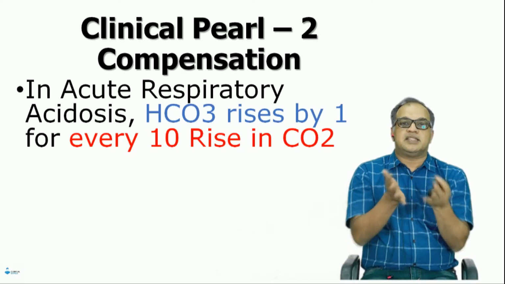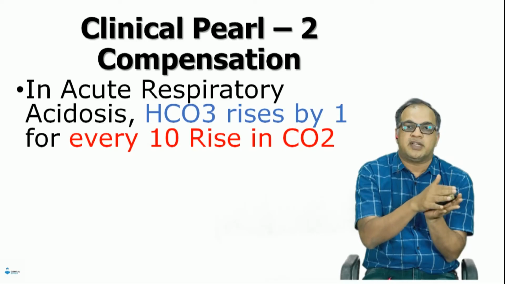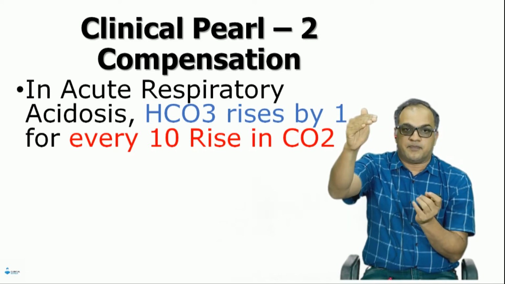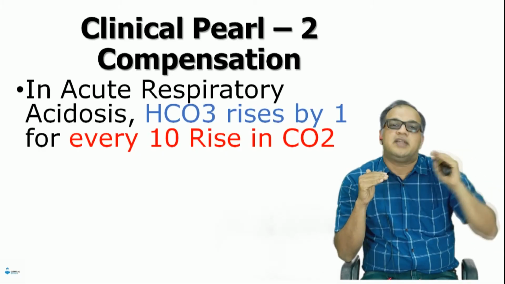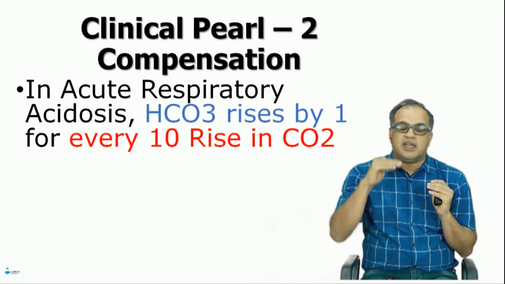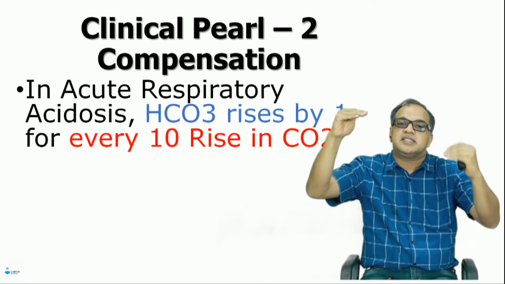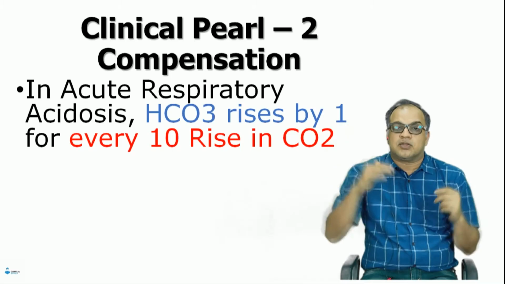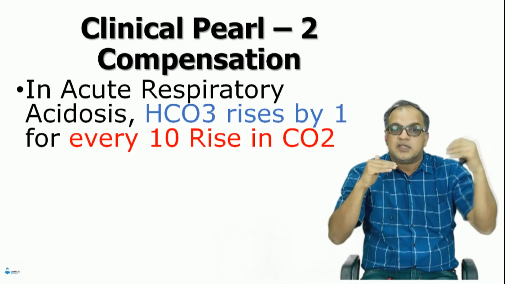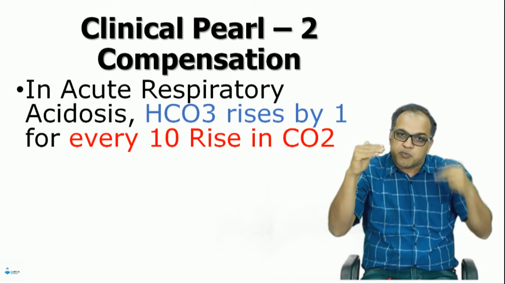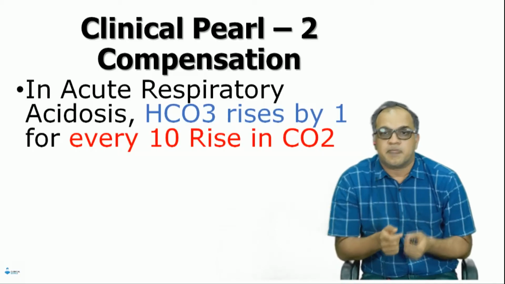That means if CO2 rises from 40 to 50, the bicarbonate will become 24 to 25. If the PCO2 rises from 40 to 60, bicarb will go up to 26, 24 plus 2. So if CO2 rises by 10 each time, bicarbonate rises by 1 each time. If CO2 rises by 10 each time, pH falls by 0.1. These are the compensatory calculations.